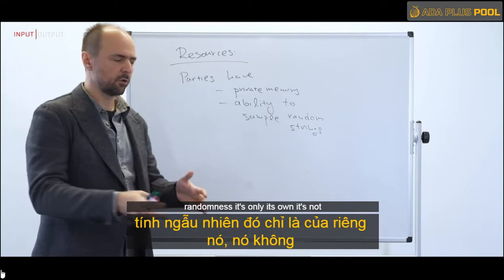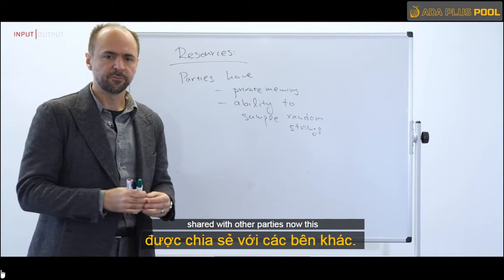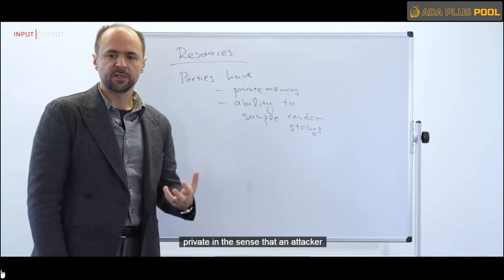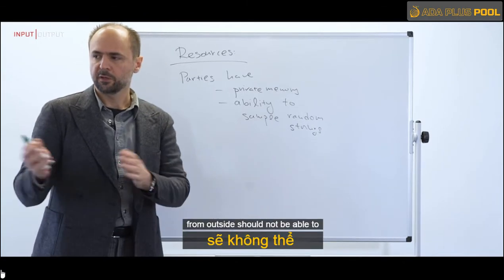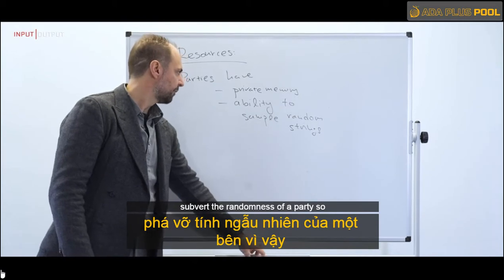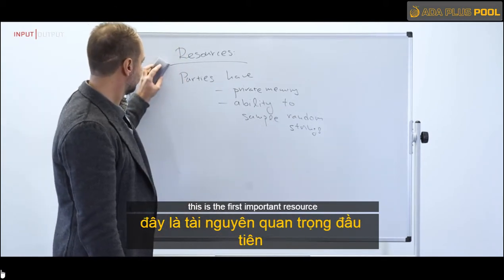And that randomness is only its own. It's not shared with other parties. Now this sampling of randomness should also be private in the sense that an attacker from outside should not be able to subvert the randomness of a party. So this is the first important resource.